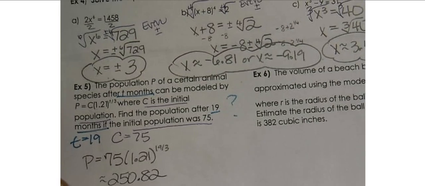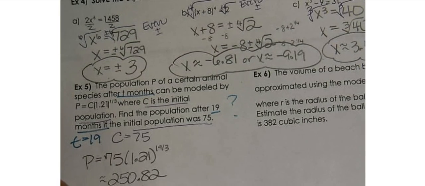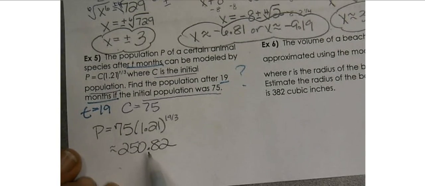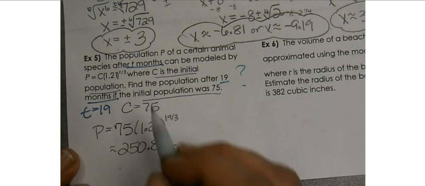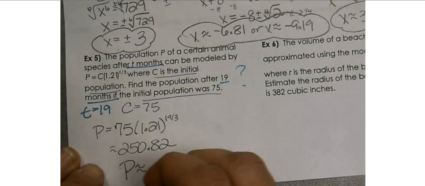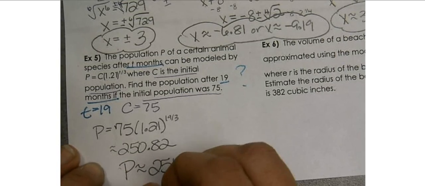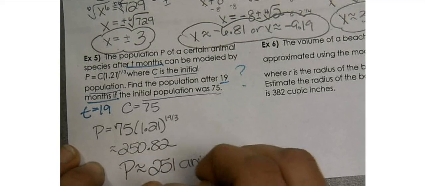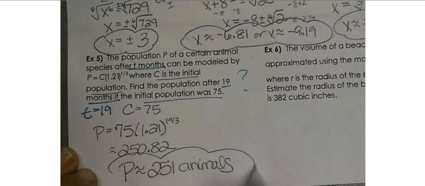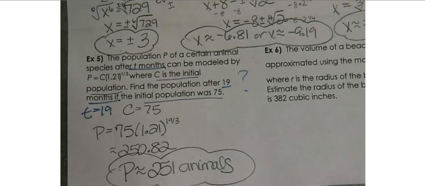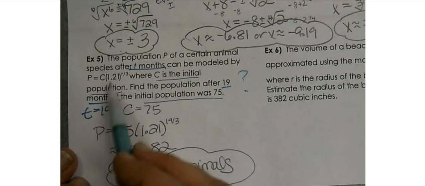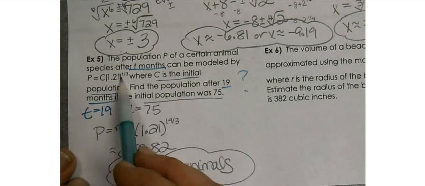And this is looking at the population of animals. It's not measured in thousands or millions, so I'm going to round that to about 251 animals. I'm going to round up. Okay? So notice sometimes words aren't really scary, it's just asking you to put things in.